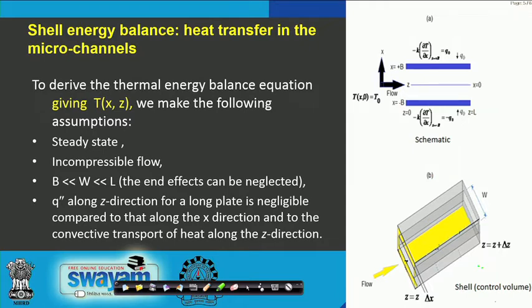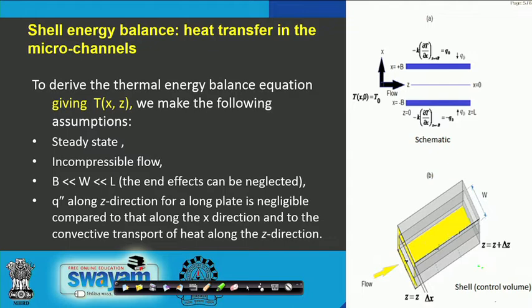I will show how that assumption helps you find the equation. And the next thing is that the end effect is neglected, by assuming that B, the distance between the center line and the two plates, is very small compared to the width and length, as you see in the figure. We are ignoring the heat flux along the z direction.